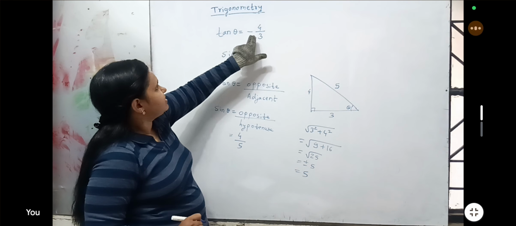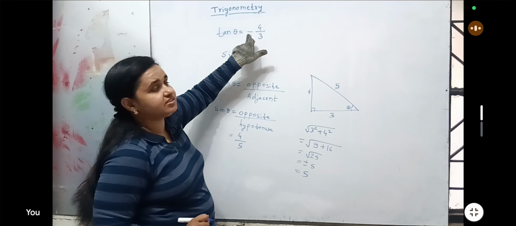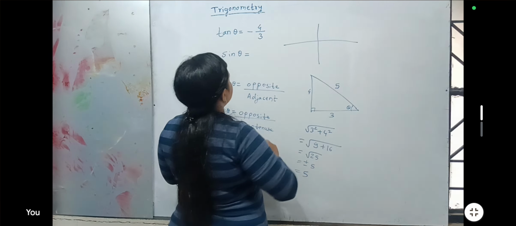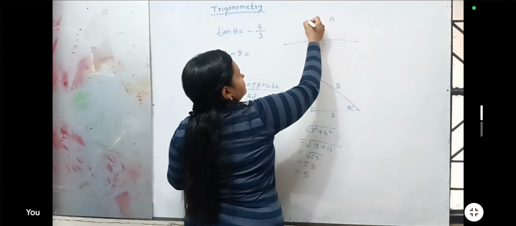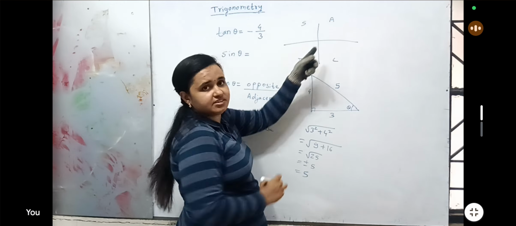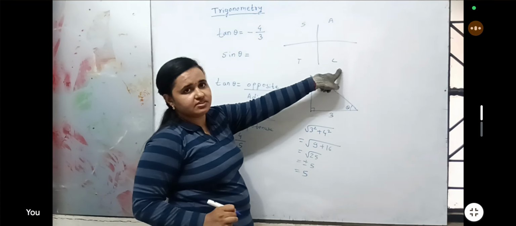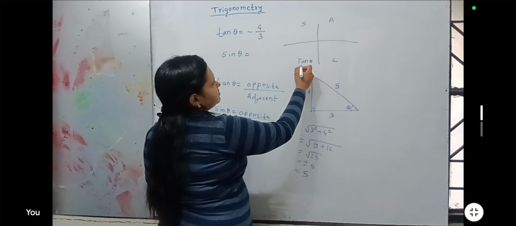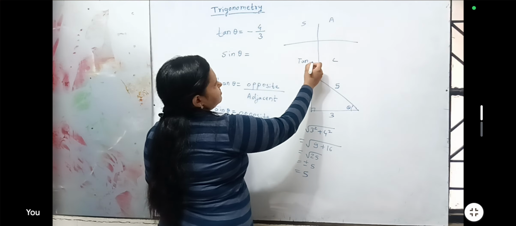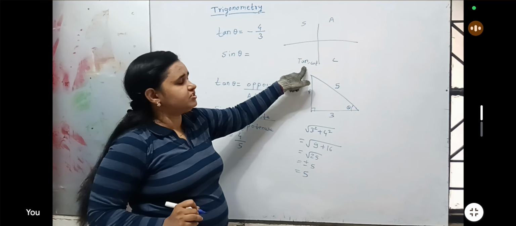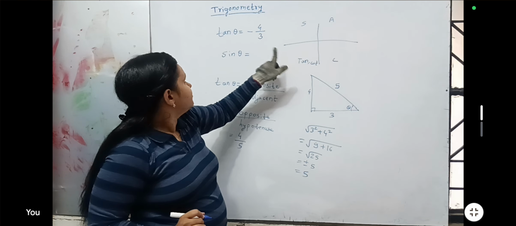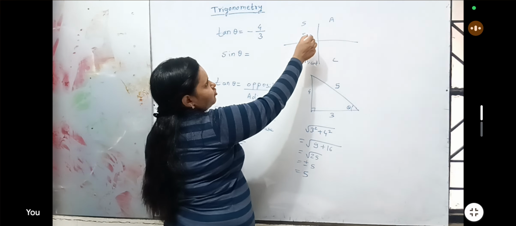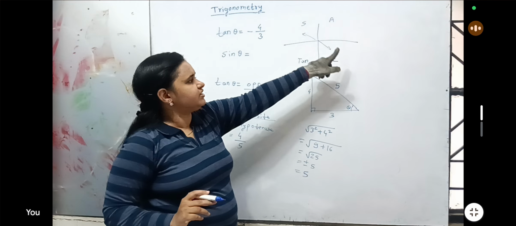But see here it is minus. That means theta is in, remember this, add sugar to coffee. Tan is positive only in the third quadrant. But here it is negative, so we don't know whether it is in the second quadrant or fourth quadrant.